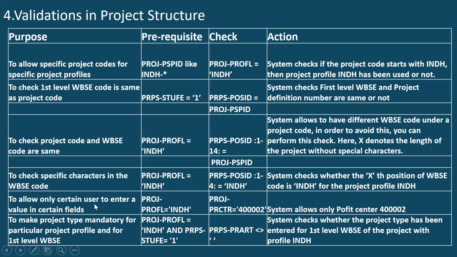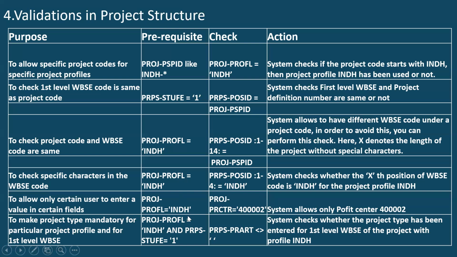This is for allowing certain profit centers only, not the user. For example, if I select this project profile, then I should allow only this profit center, because my division of responsibility for this profit center is different.